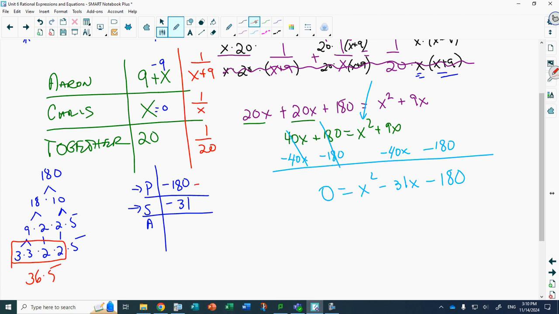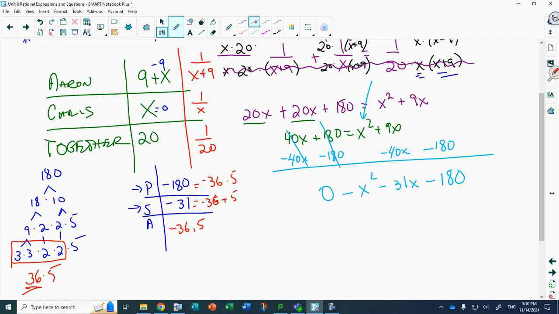Make the 36 a negative, make the 5 a positive. Minus 36 plus 5 works. It gives you minus 31. That was actually remarkably simple compared to what I thought it would be. So minus 36 and 5 are your numbers.